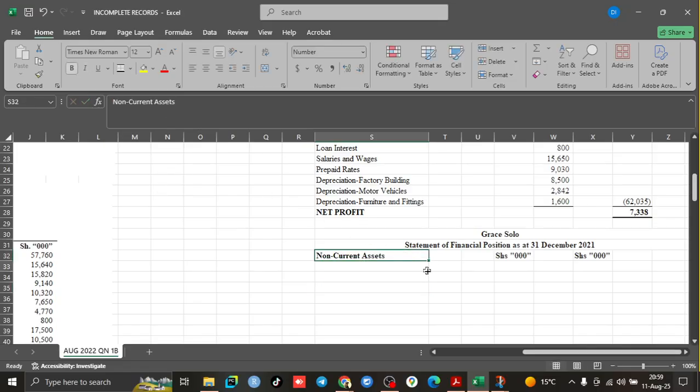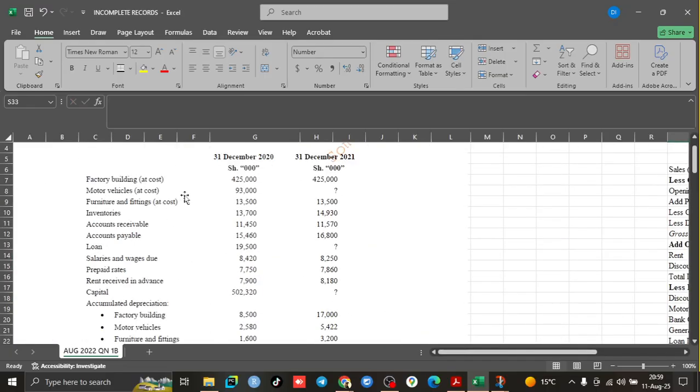Anything with accumulated depreciation is a non-current asset. So let's start. Factory building, has it depreciated? No, it's still intact. 425. So as at 31st December is what we report. So we will use all of the items in this column here. So factory building 425.